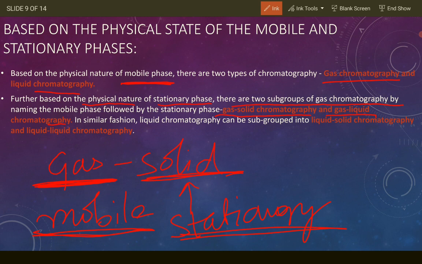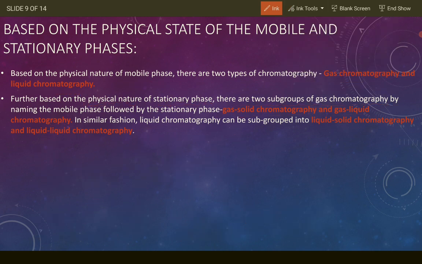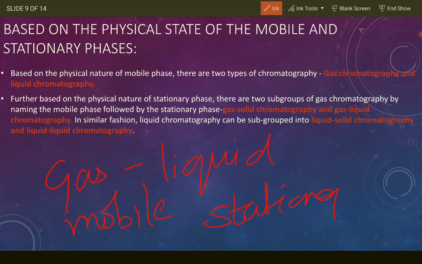So if it's named gas solid chromatography, the mobile phase is gas and the stationary phase is solid. And if it's named gas liquid chromatography, it means that the mobile phase is gas and the stationary phase is liquid.